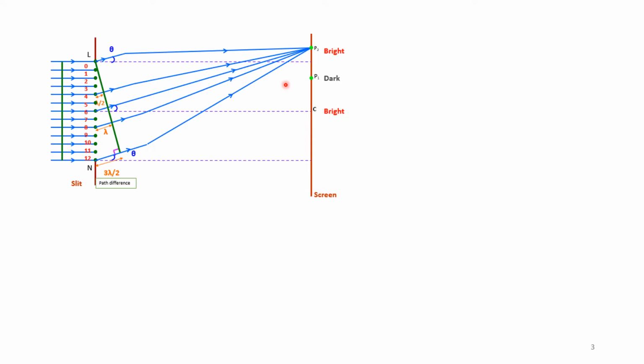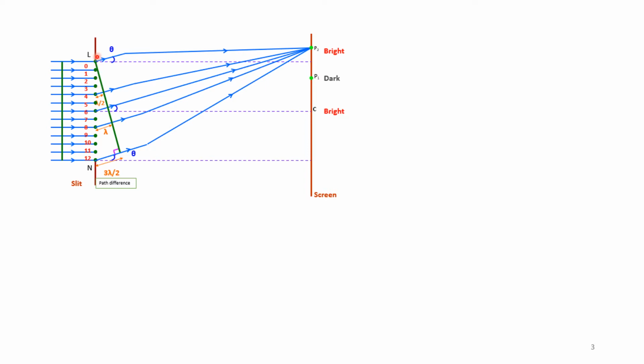Similarly, in case number 3, the slit is divided into three parts as shown in this figure. This figure is for dividing the slit into three parts, that is 0 to 4 one part, 4 to 8 another part, and 8 to 12 the third part.